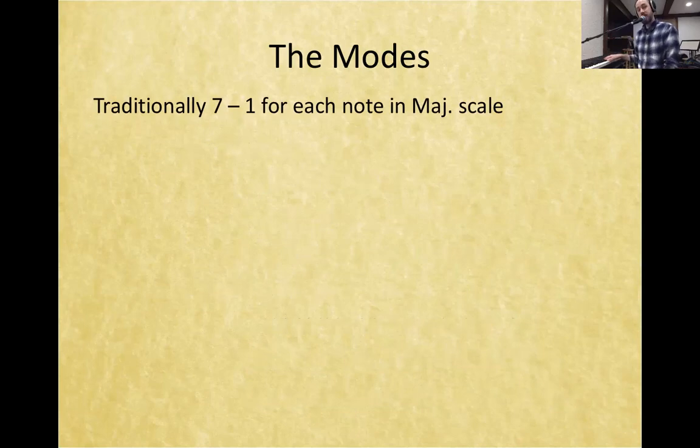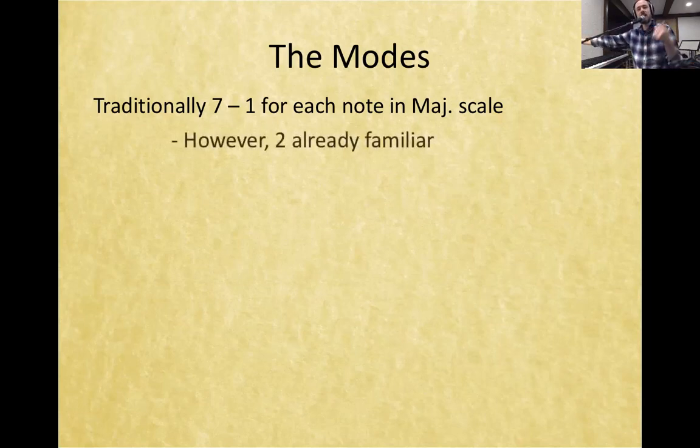What if I started on the second note of the major scale and just played a scale with exactly those same notes? Right? I can make new scales. And so, since there are 7 notes in each major scale, it would be really easy to say, oh, well, then there are 7 modes, which is true.